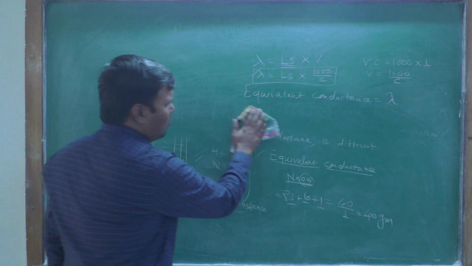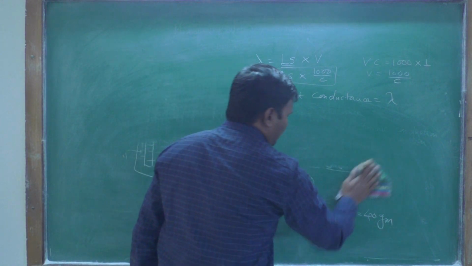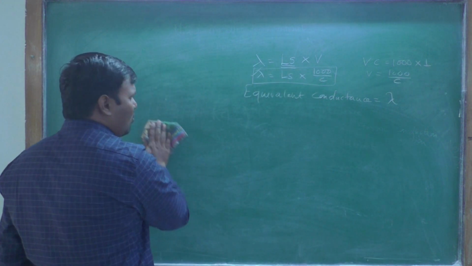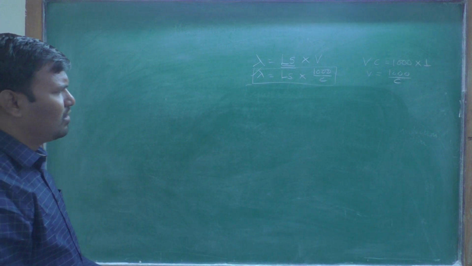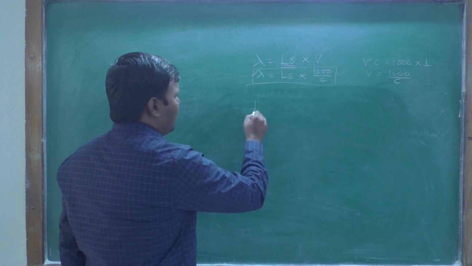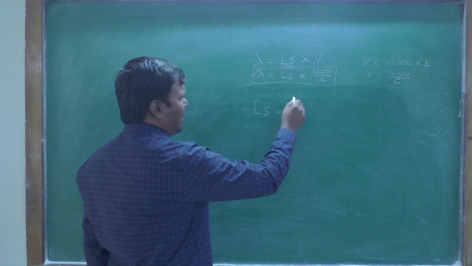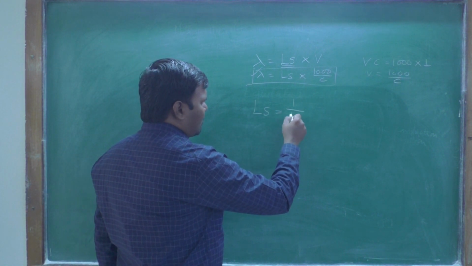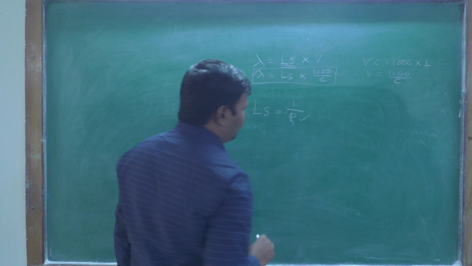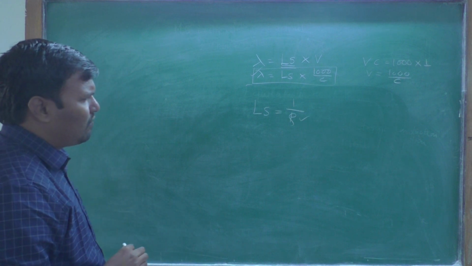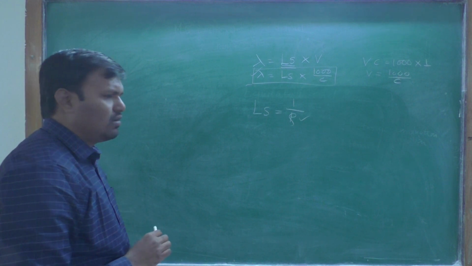Now how can we determine the value of equivalent conductance? By using the specific conductance, which is given by 1 upon rho. Therefore you have to know rho, then you can find the specific conductance.